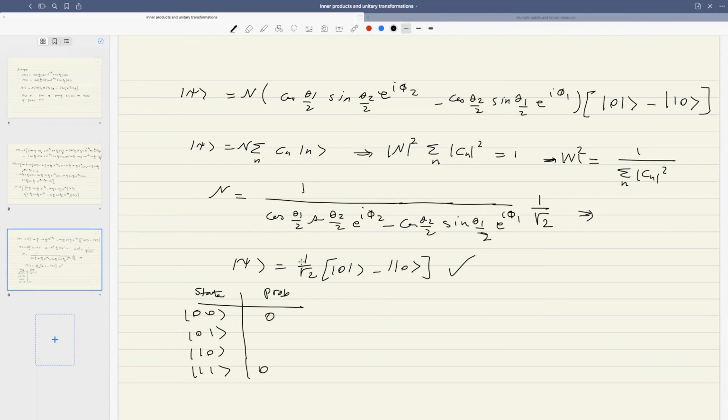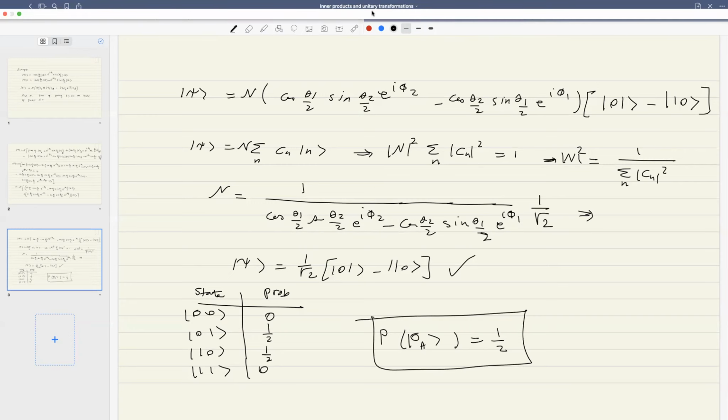And these appear with a coefficient of 1 over square root 2 or minus 1 over square root 2. You square that, it's going to be 1/2, 1/2. So if I get this, A is 0. If I get this, A is 1. So the probability of 0 for A is just 1/2, which I can read off from here. Okay, so that's the algebraic way of solving this problem.